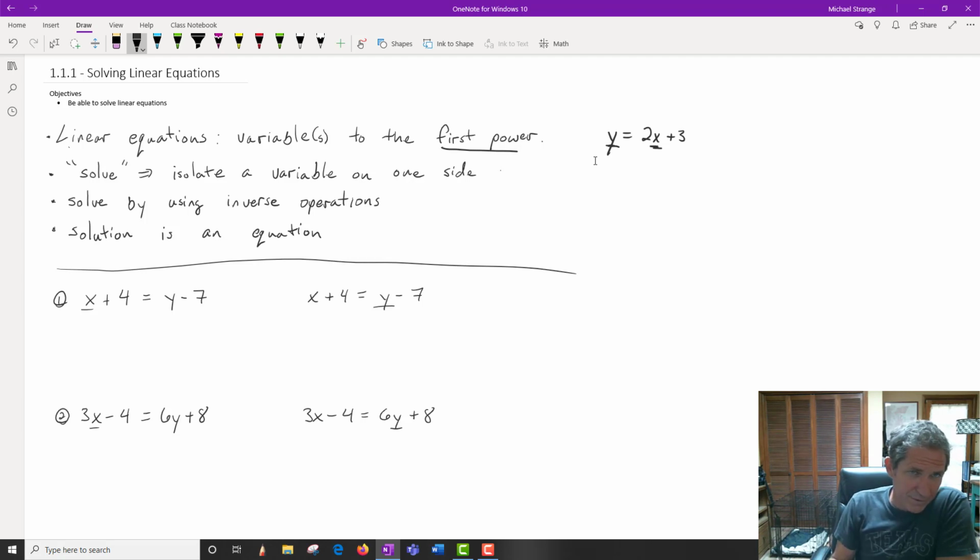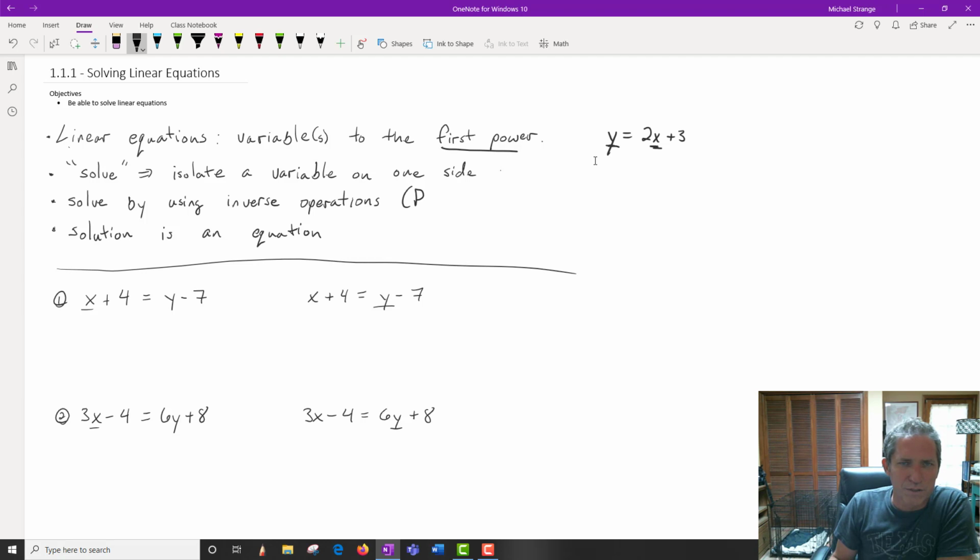And then finally, solving an equation, we do that by using inverse operations. Depending on what operation we have, like this is plus 3, so we would subtract 3. This is 2 times x, so we would divide. So we do inverse operations. We also do PEMDAS backwards.